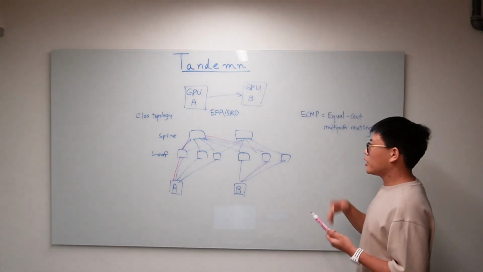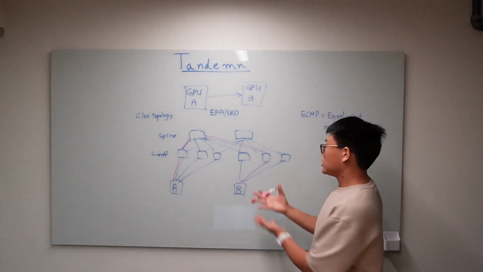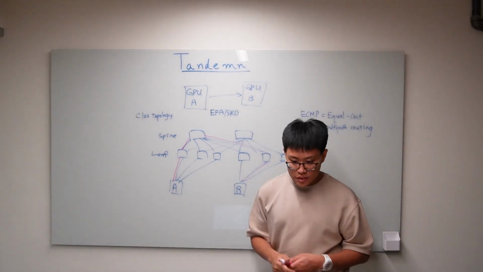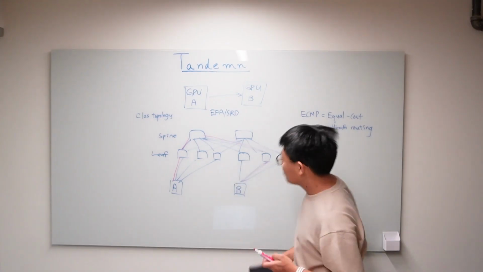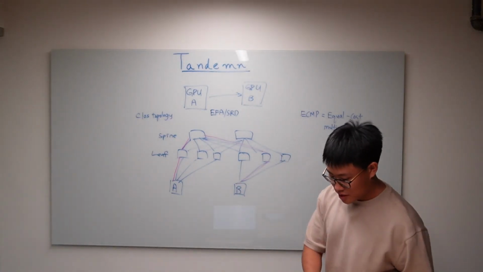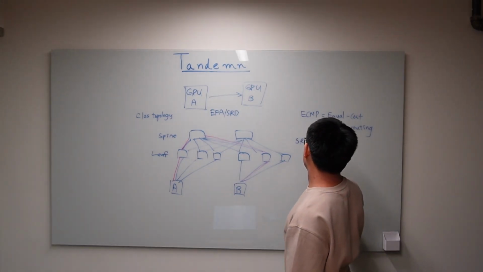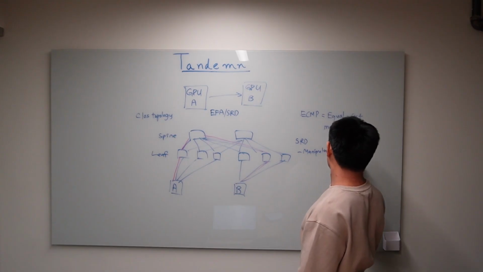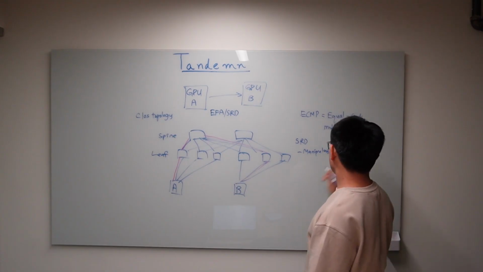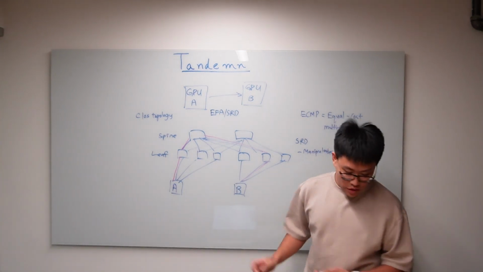And it becomes quite obvious why this is bad, because now we're not using all the available bandwidth that such a topology provides. So one good thing about SRD is that it changes the packets. SRD manipulates the packets so that packets of the same flow, of the same application from A to B, can actually traverse different paths.